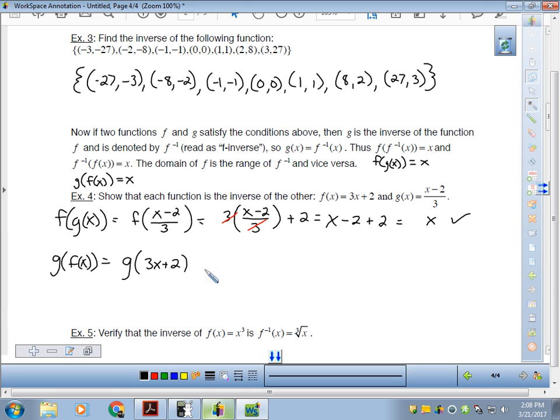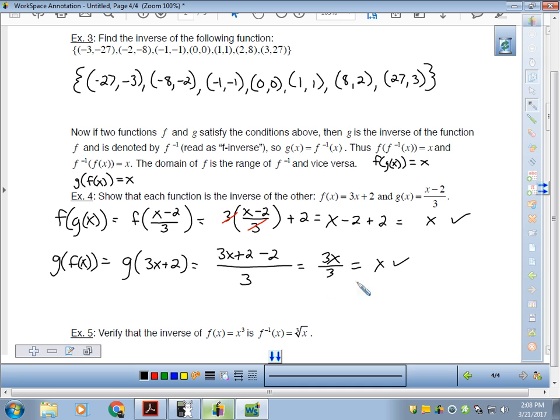So g of 3x plus 2: plug 3x plus 2 into this function, so we'll have (3x plus 2 minus 2) over 3. The plus 2 and the minus 2 cancel out, so we end up with 3x over 3. 3x divided by 3 is just x. So we got just x again.